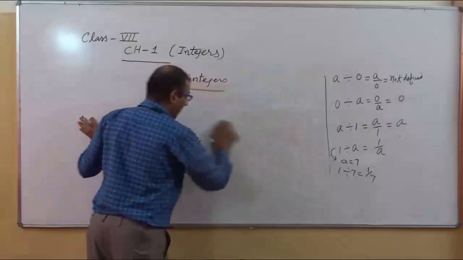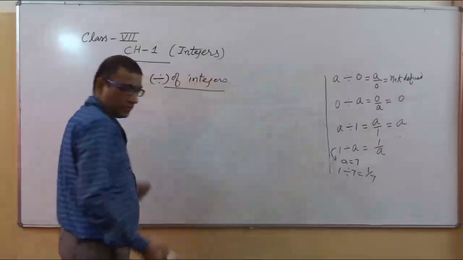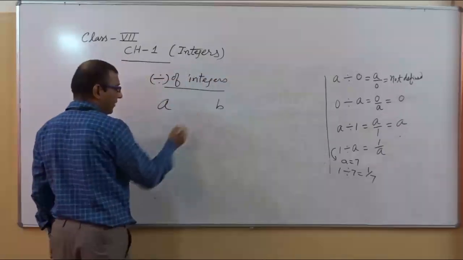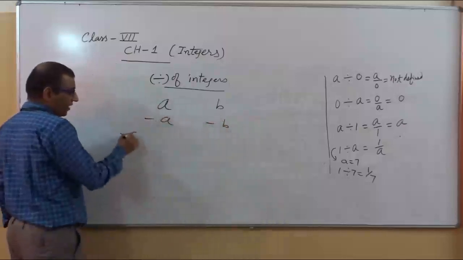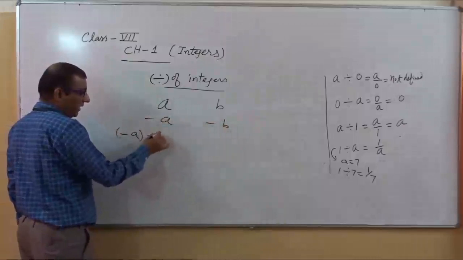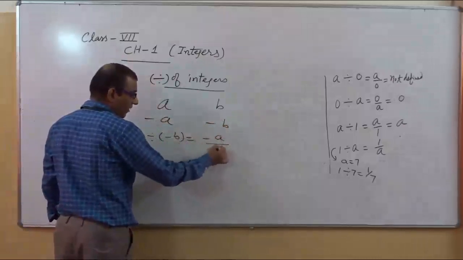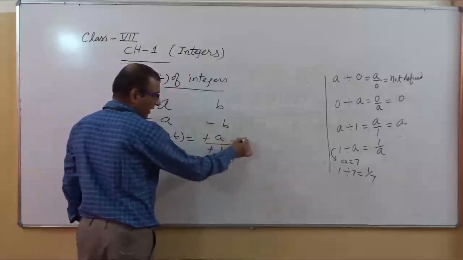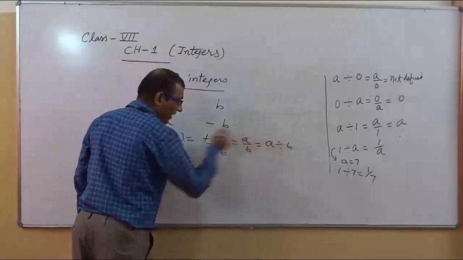But what happens when we divide two negative integers? For example, if we take two integers a and b and both are negative, how will we divide? Minus a divided by minus b can be written as minus a upon minus b. The minus symbol cancels with minus and we get a upon b, which can be written as a divided by b.